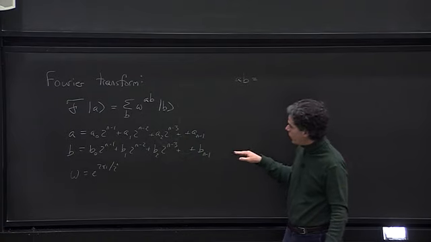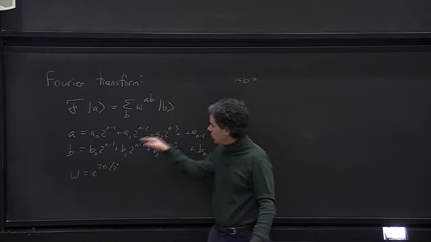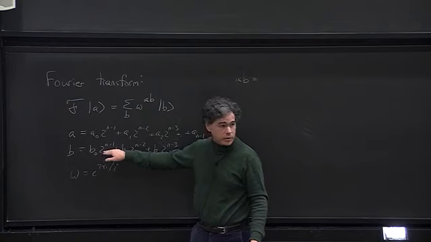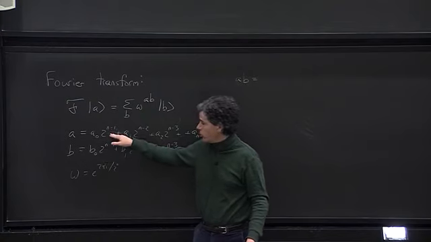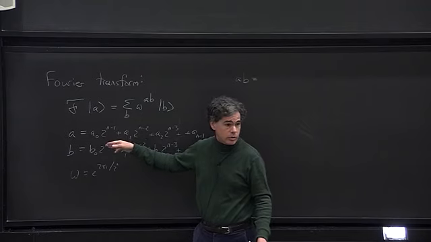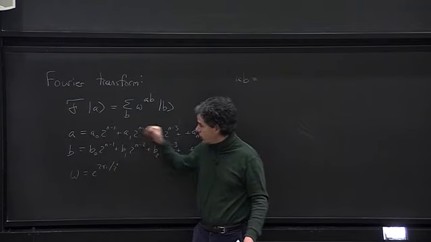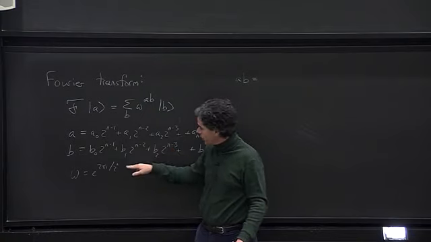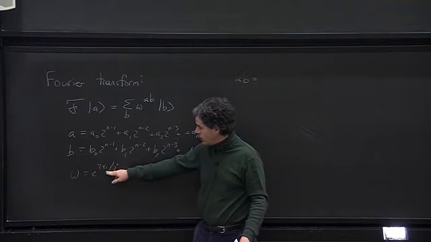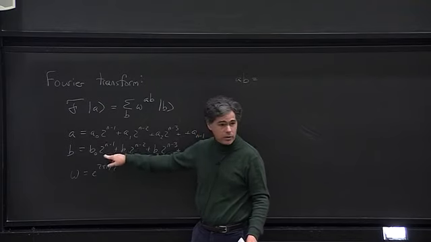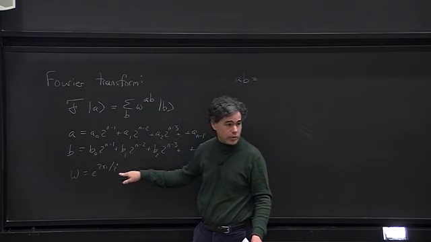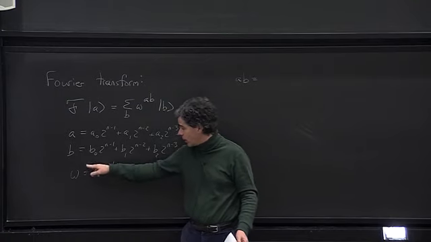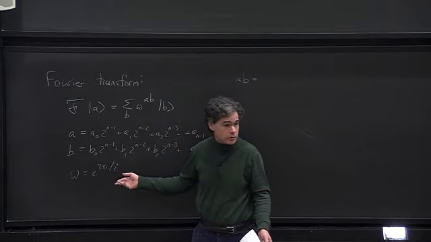Well, when you multiply this term by this term, we'll get a0 b0 times 2 to the 2n minus 2. And the thing is that if there's a power of 2 that's greater than or equal to n, it's not going to have any effect, because omega to the 2 to the n is 1.